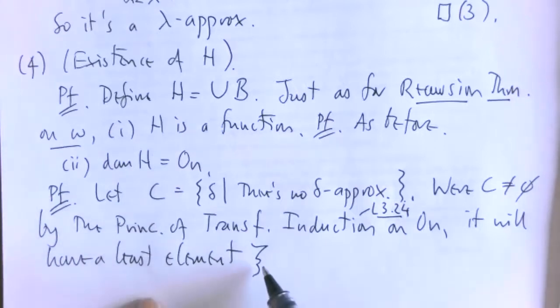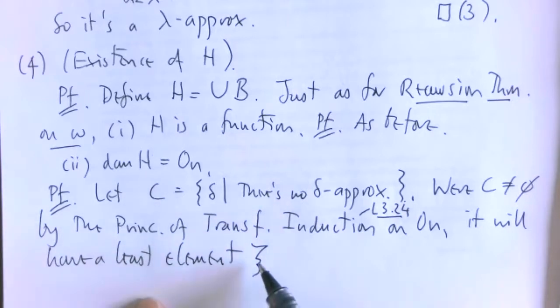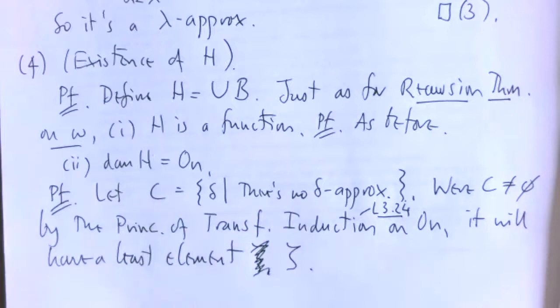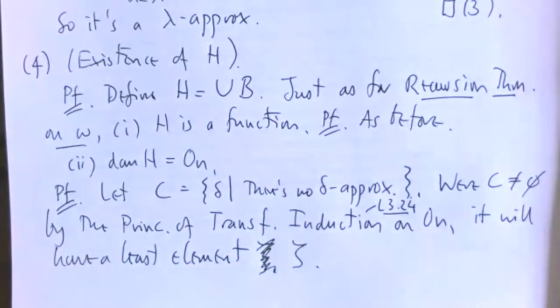So there's a least point where things go wrong, right? If C is non-empty, there's some psi such that there is no psi approximation. Sorry, in the notes I've said zeta, so I'll stick with that notation. And we just reason that that's a contradiction.